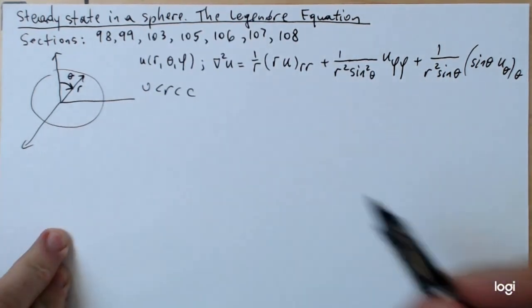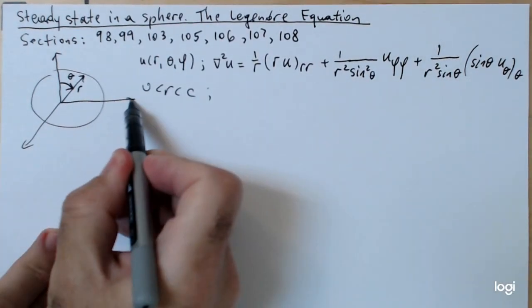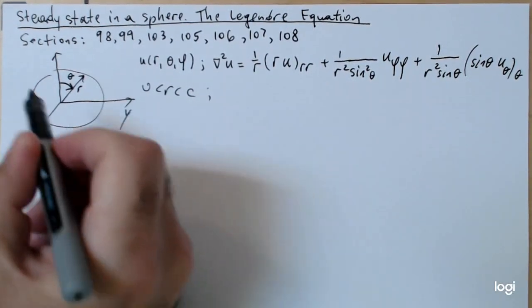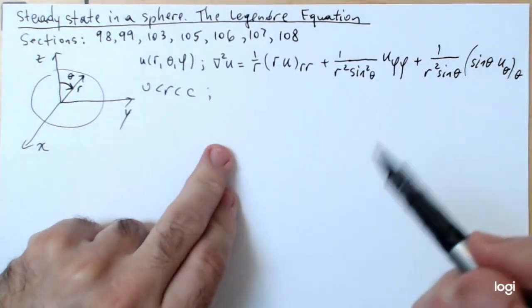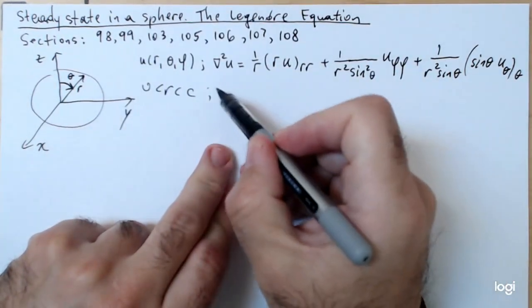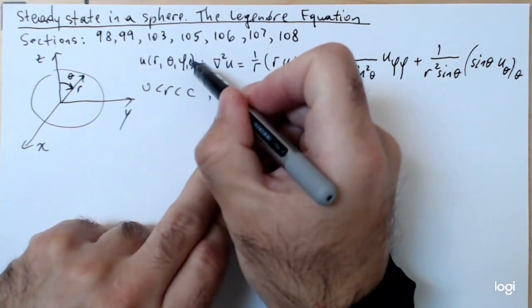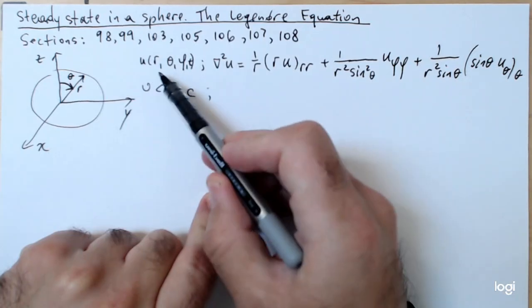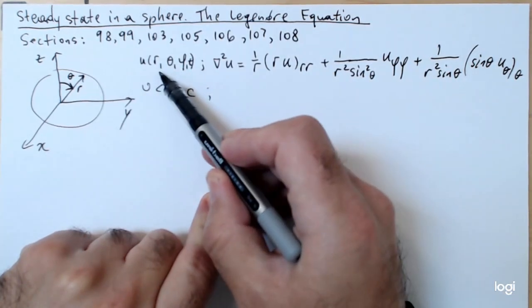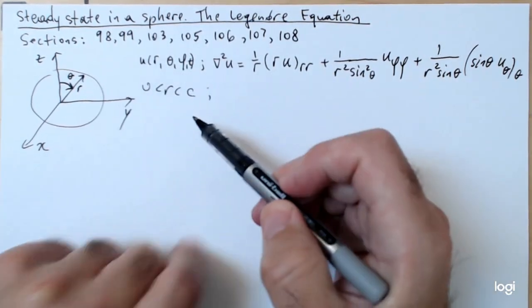Let's label these axes first: this is x, y, and z. I should put time t here as well. So if you have a heat equation in spherical coordinates, u depends on the space coordinates r, theta, and phi, and then the time t.